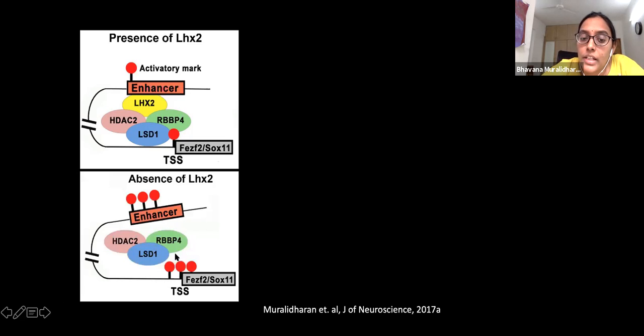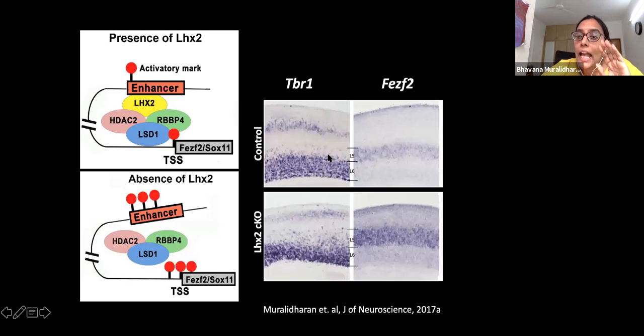So when you don't have LHX2, you have active marks, the histone marks going up, and FESF2 and SOX11 are upregulated. And in the mutant of LHX2, what I saw was the expansion of layer 5. As you would see here, this is a control layer 5, and this is a mutant LHX2 layer 5. You see that layer 5 is expanded at the expense of layer 6.